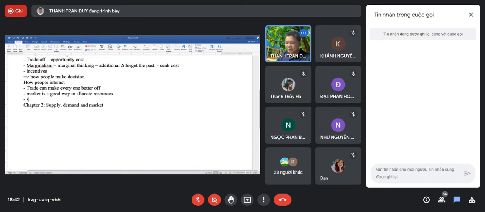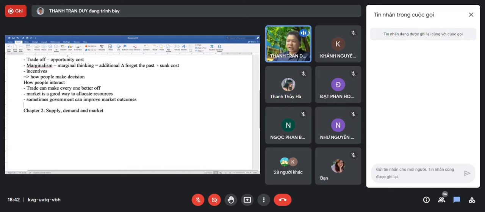And the last one is sometimes government can improve market outcome, right? Now, what does it really mean by the next three?